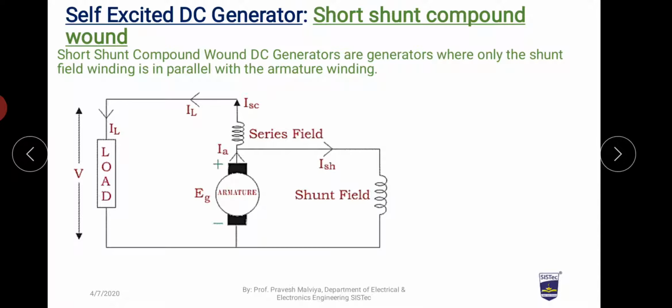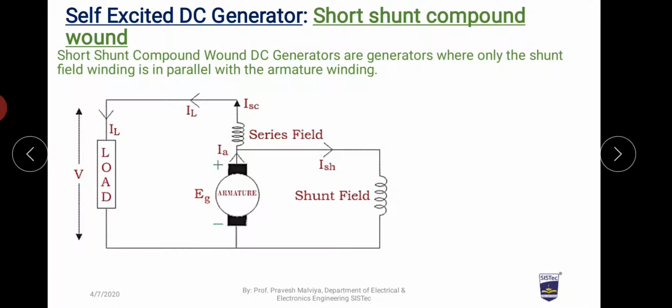This is the load current IL, this is the series field current ISC, ISH is the shunt field current, and IA is the armature current. EG is the generated EMF, RA is the armature resistance, and V is the load voltage.